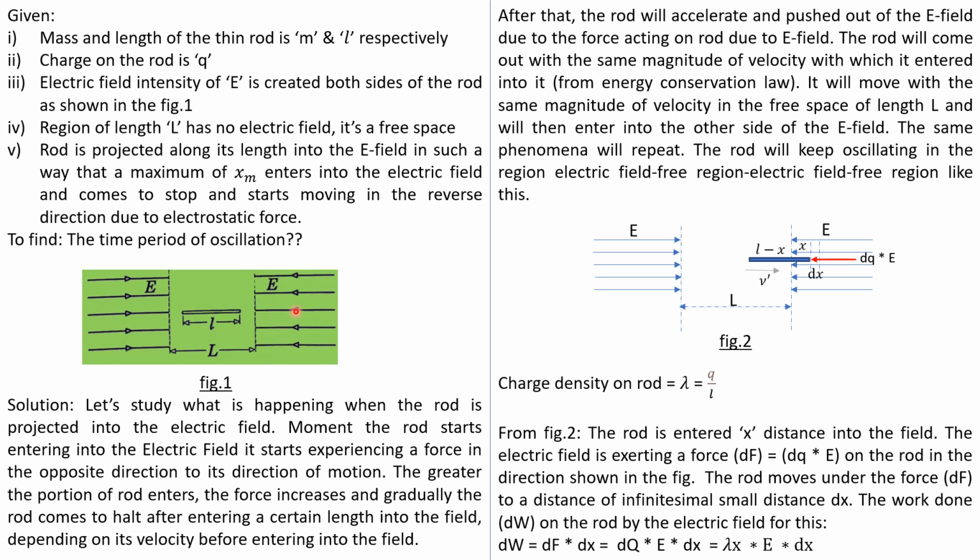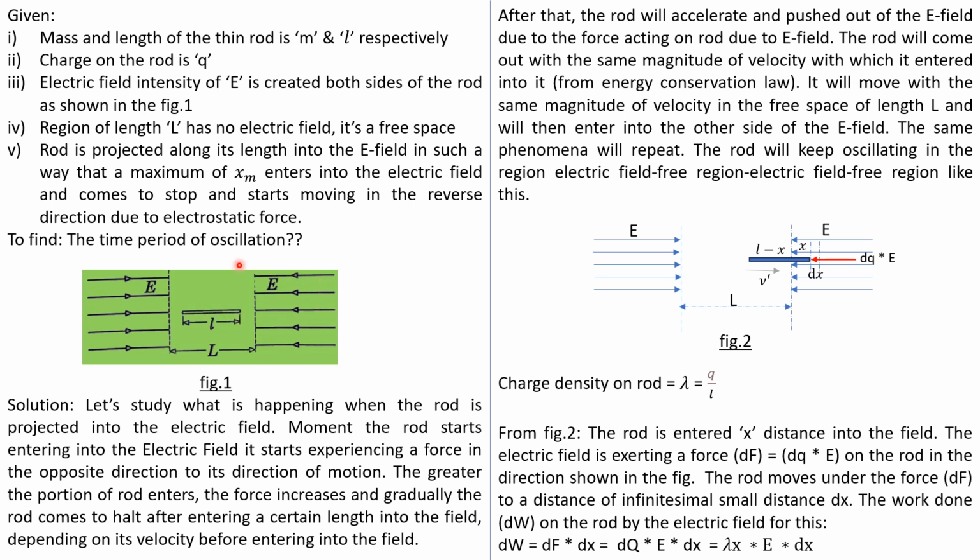And then when the velocity becomes zero, the force continues acting on the rod, so it will start pushing the rod back towards the free space, and it will come out.